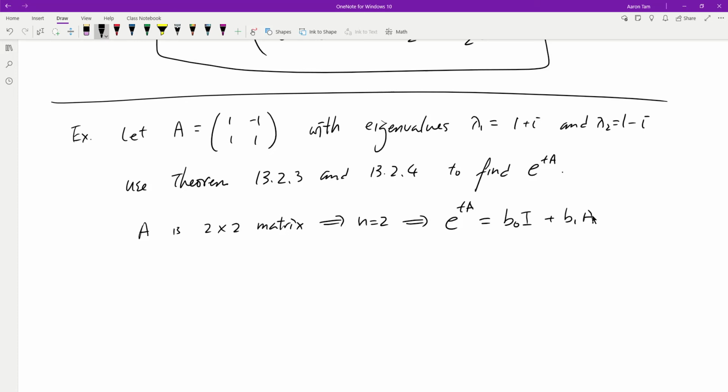So we're going to set up our system of equations. When k is equal to 1, we know n is equal to 2. Therefore, we have e to the t lambda 1 equal to the summation from j equals 0 to n minus 1, which is 1, of b sub j of t times lambda 1 to the j.